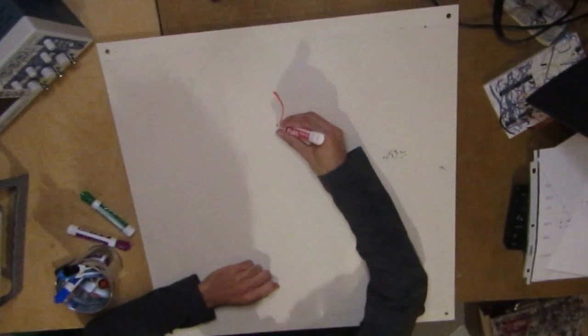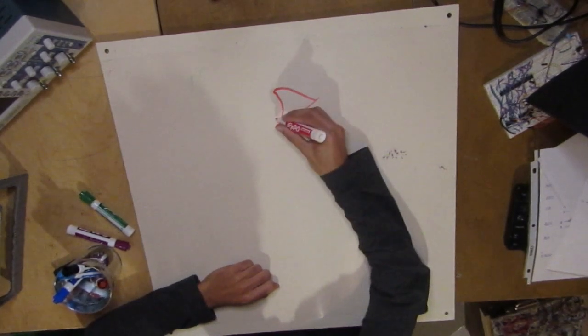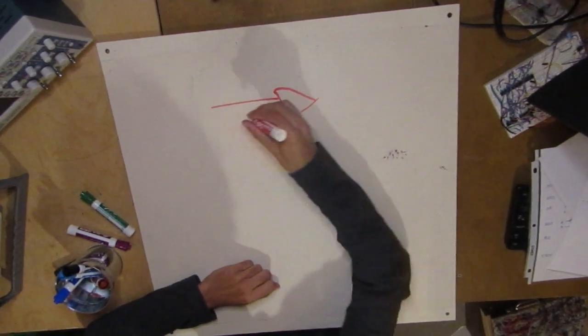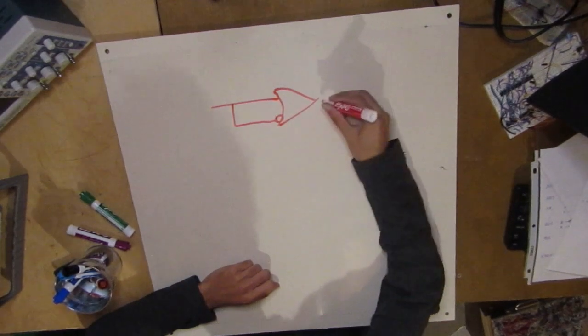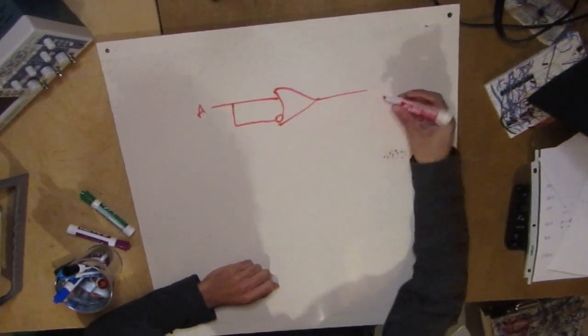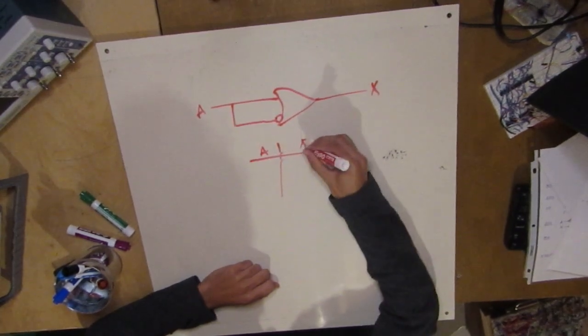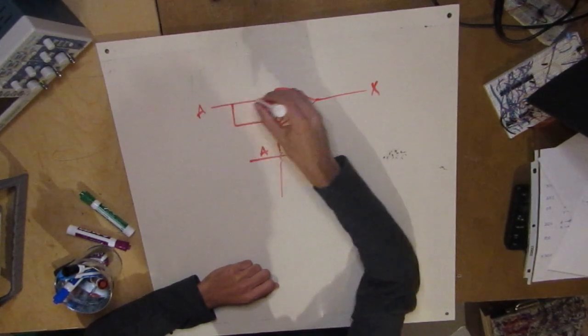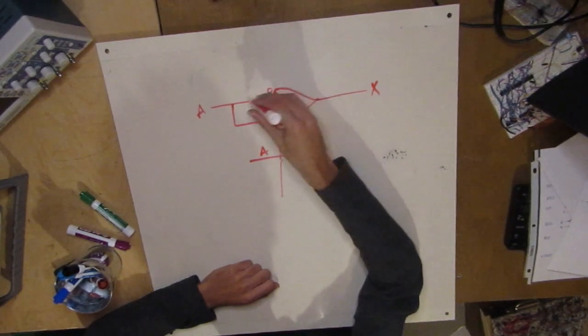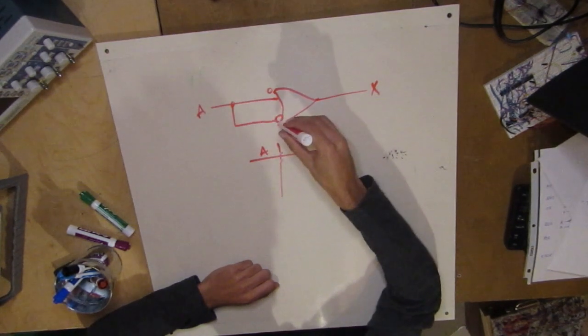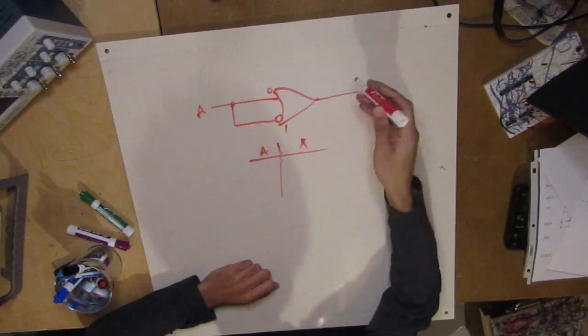Okay, next we get the inverse law. Let's draw this. I'm going to put an inverter chaining off here. It's going to go into here. You have A, you have X. So let's draw the truth table. Let's pretend we put a 0 here. We have a 0 here. The 0 also comes through, and then it gets inverted, so we get the 1. At least one of them is on, right?